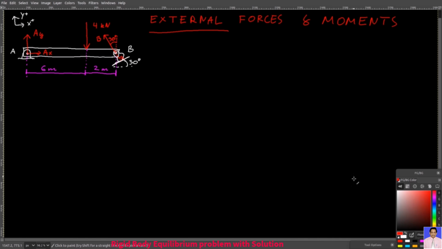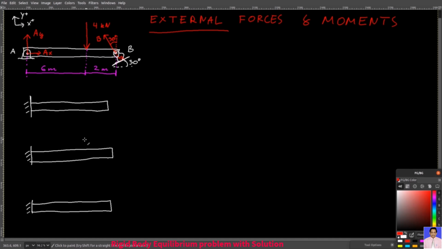For example, let's say that I have 3 beams here. In the first case, I apply a force to the beam horizontally. Then here, I apply it vertically. And here, I apply a couple moment to it. And now, I will mentally cut the beams.